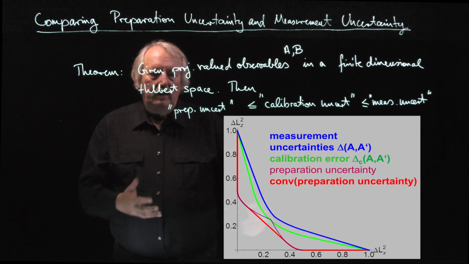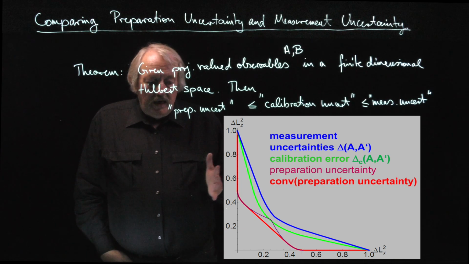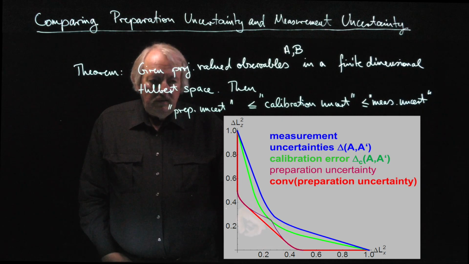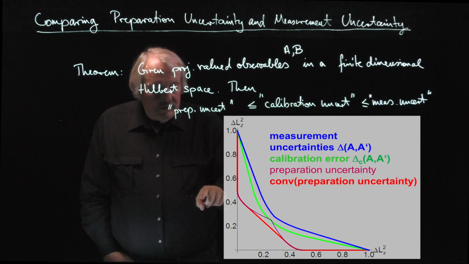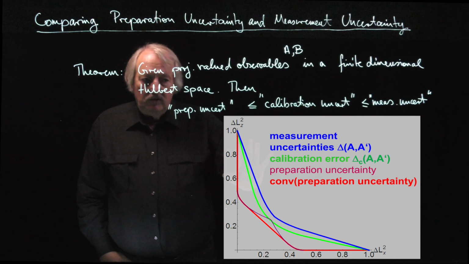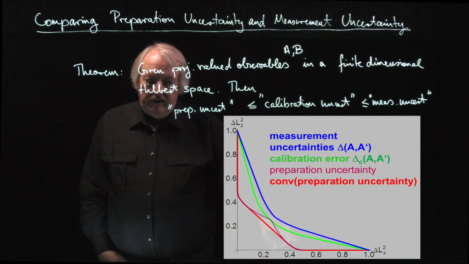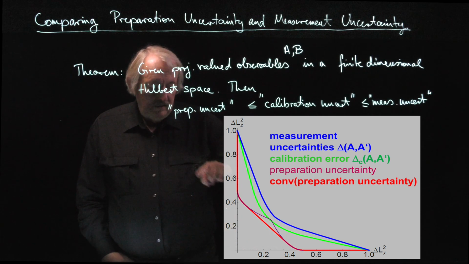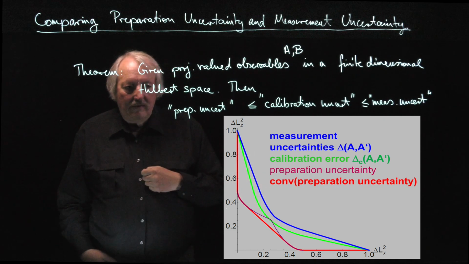So that gives a diagram like this. And so preparation uncertainty, as you can see, this slightly darker line here indicates the actual preparation uncertainty region. The convex hull is the fat red line. That's a bit larger, actually. So as I told you, it doesn't have to be convex.